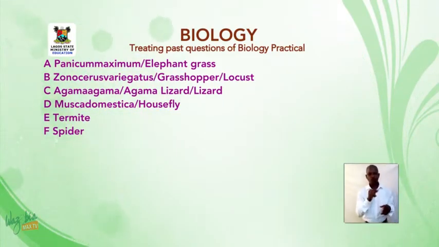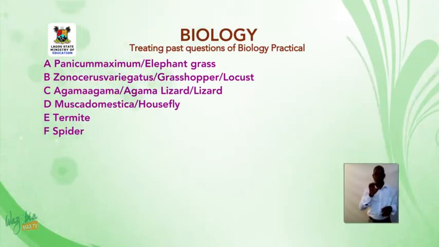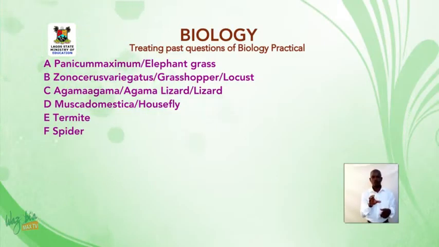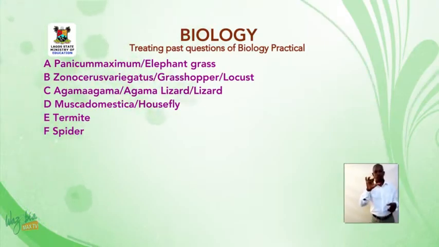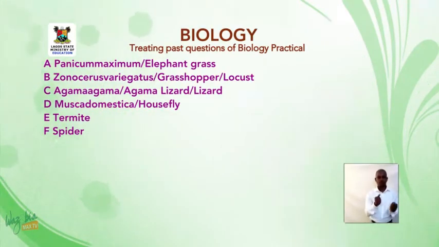So it could be Zonocerus variegatus, grasshopper, or locust. Then C, agama or agama lizard or lizard. Any of the three that you have chosen will be marked for you.